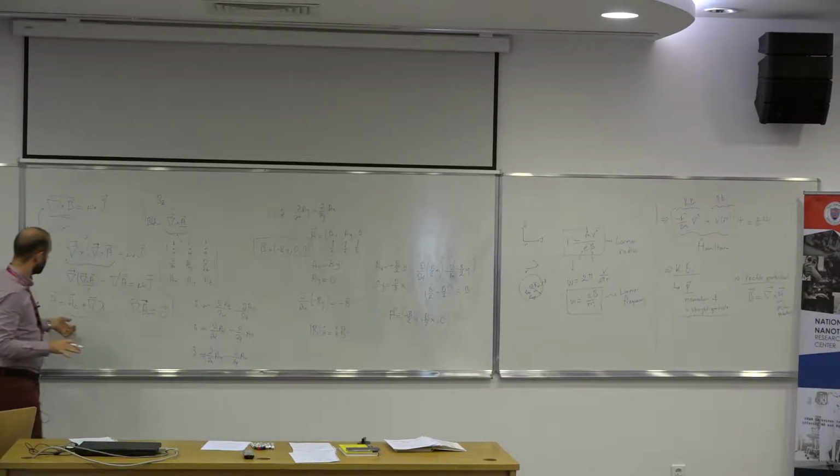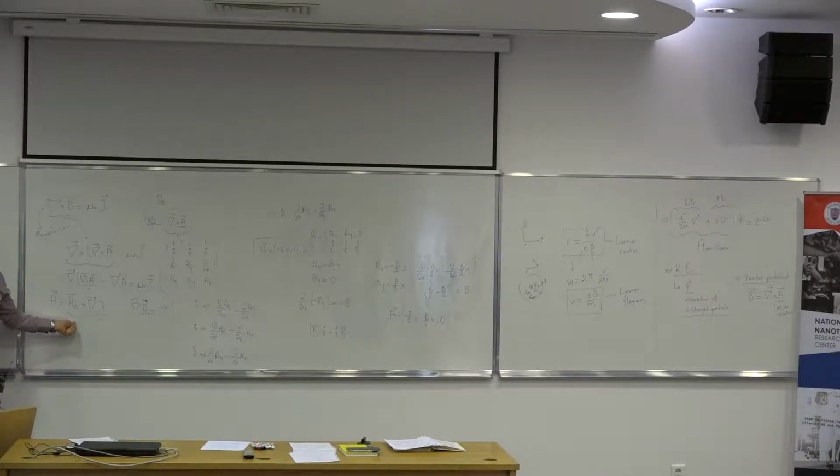So remember this operation? I said if I add the gradient of any scalar to my vector field, it will be a different vector field describing the same magnetic field, so it wouldn't change my equations.